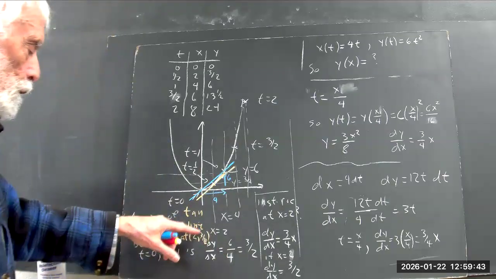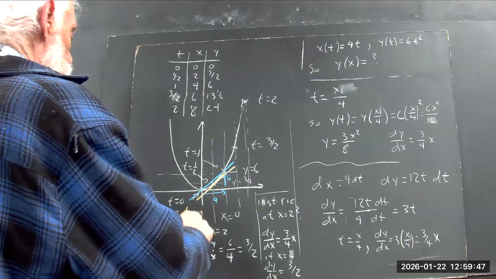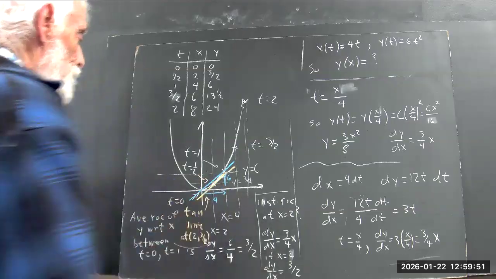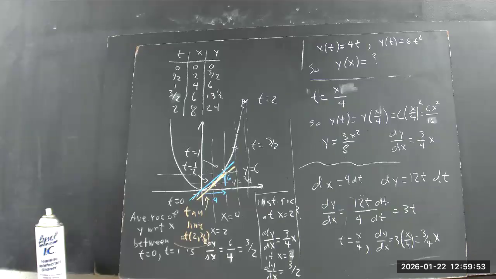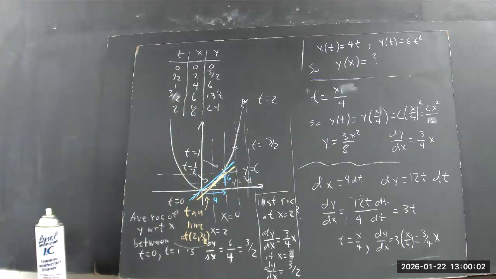That's supposed to be the point (2, 3/2). I can't get the 2 to come out. If I try to erase it, it'll smudge. But you know what that point is. Okay? Now, does that make sense? Does everything kind of hang together to make sense?